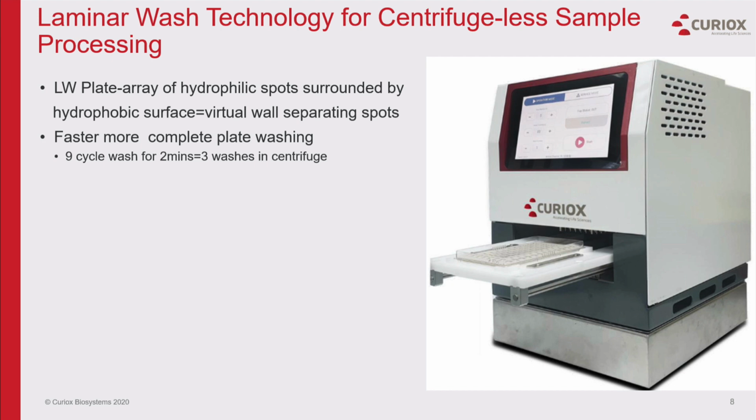So the plate washing is faster and provides more complete washing. A 9-cycle wash for 2 minutes is equivalent to 3 washes in a centrifuge. There's no flicking of the plates, which in itself is an art. I don't know if any of you have tried this, but I've done it myself. I've seen other people do it, where people flick, they get nervous, they back off, they flick again.